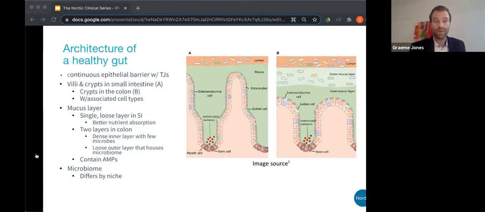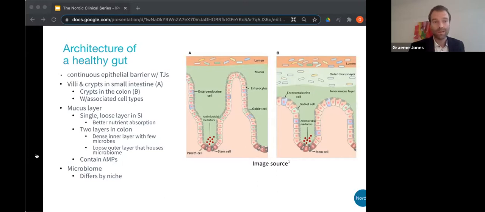We have a continuous epithelial barrier with tight junctions. We have the villi and the crypts in the small intestine. We also have crypts in the colon as well. In the small intestine, we have a single mucus layer. We have two mucus layers in the colon.